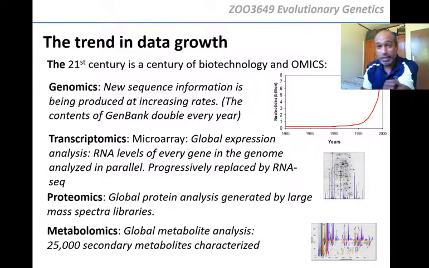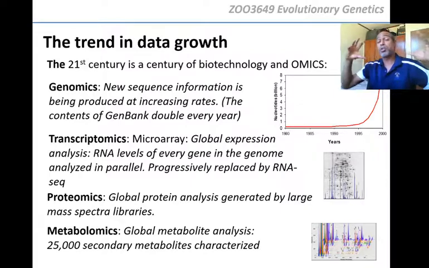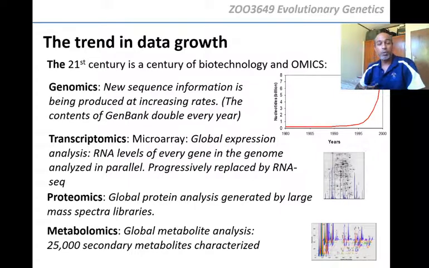So it's not just DNA sequences and NGS that are responsible for this huge trend in data growth in the last 10, 20 years. There's also metabolomics. All of these things end with omics; these are the omics biotechnology new buzzwords.